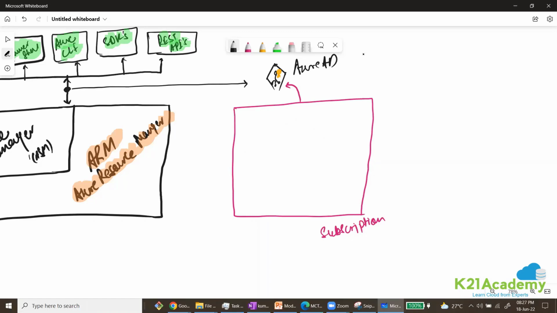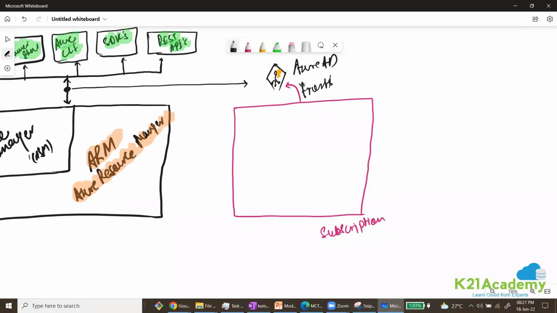So whatever subscriptions are inside your Azure AD tenant will trust that Azure AD tenant. This subscription trusts the Azure AD tenant. This is something we need to keep in mind, because who has bought this subscription, who is using this subscription?